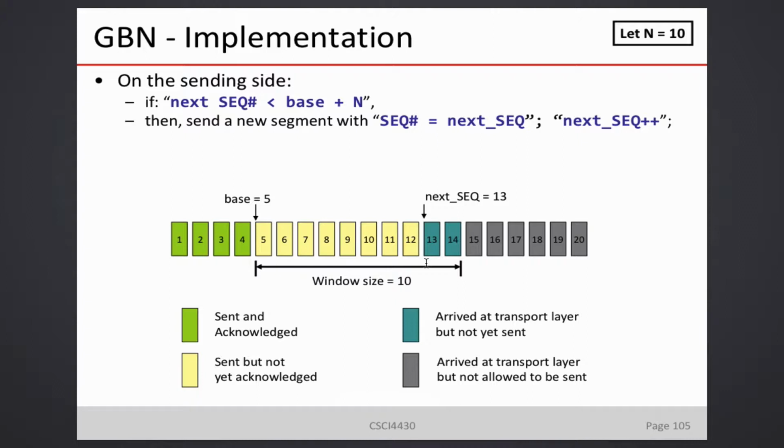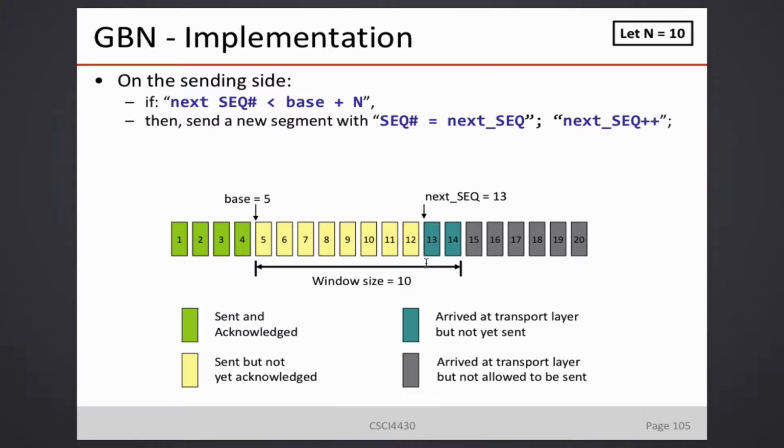So the basic working is like that. In the sender, we implement this array. If I ask you to implement a sliding window protocol, then you will have this array, an array of packets with numbers. If the next sequence number is smaller than base plus N, what is the meaning?